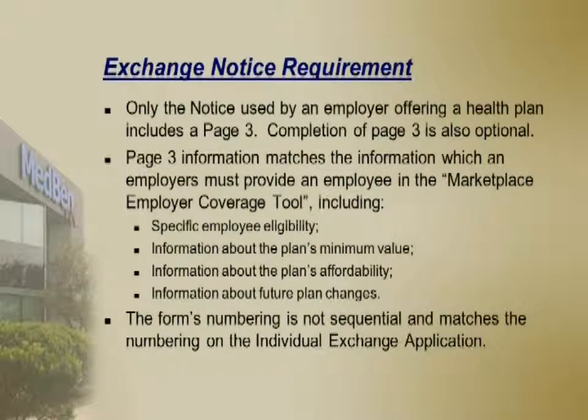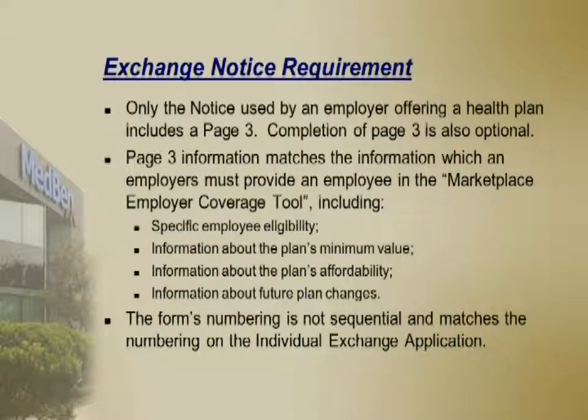Page 3 is the part that tells the employee whether or not they are specifically eligible, whether or not the plan is affordable, and how they can make some determinations about whether or not their household income will make them eligible for financial assistance.